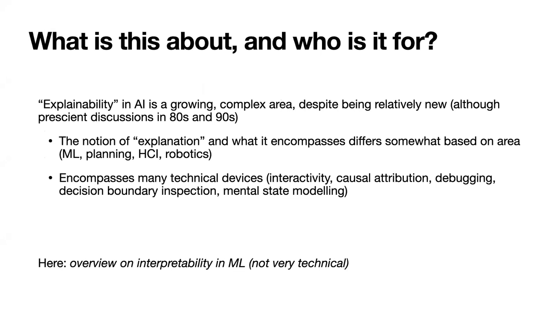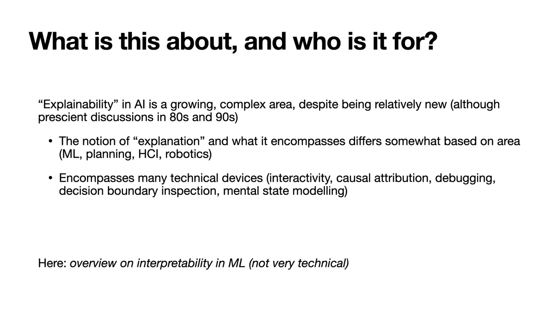Just very quickly, and I'll go into more detail as we get into it. Explainability is a growing and very complex area in AI, and there is a lot of activity in the last few years. Although there were some prescient discussions back in the 80s and the 90s, to be fair.